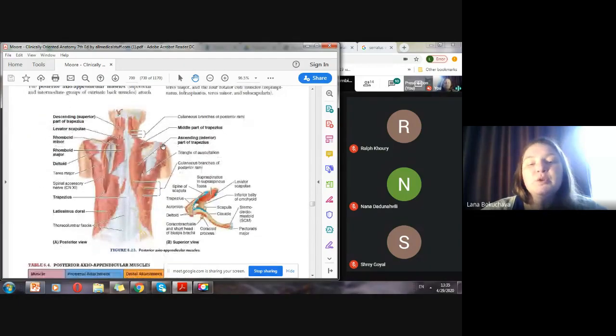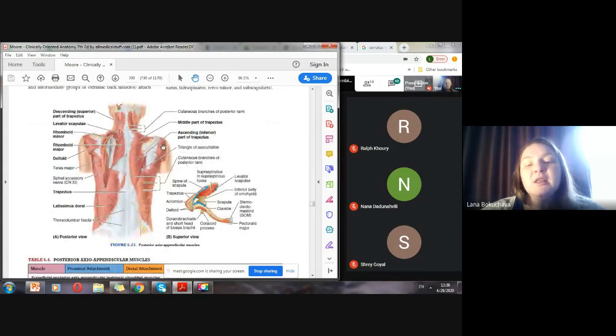So next portion, what do we see particularly here? This is the part of the posterior axio-appendicular muscles. So the ones which were represented as the extrinsic back muscles, the ones which are seen in the portion of the back, but they are not moving the vertebral column, as we know.